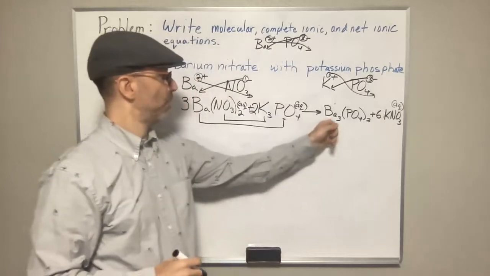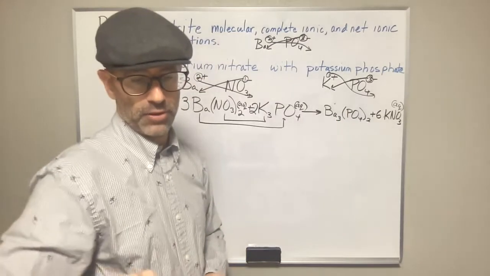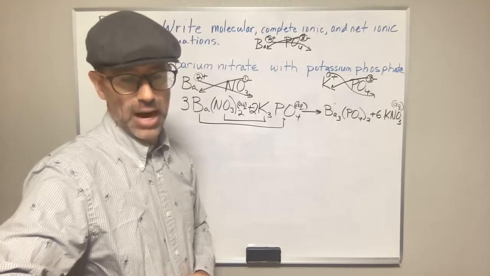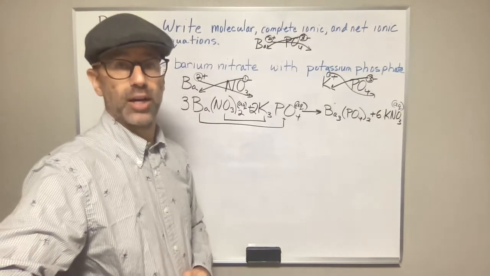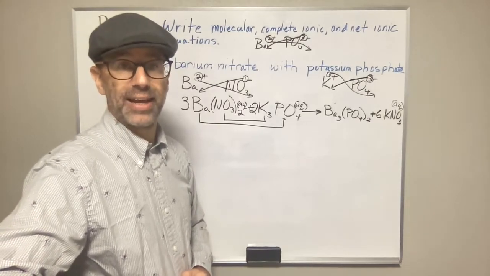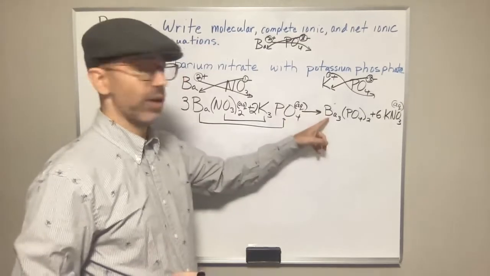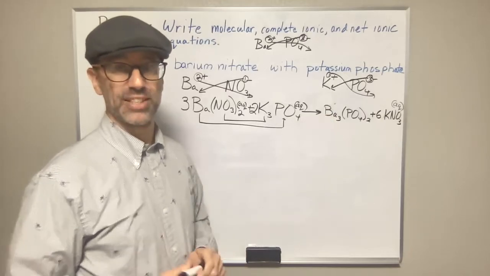And then what about the barium phosphate? Again, the rule says that all salts that contain phosphates are insoluble except for what? Group 1A elements and ammonium. So we don't have a group 1A element. We don't have ammonium. So this is insoluble.